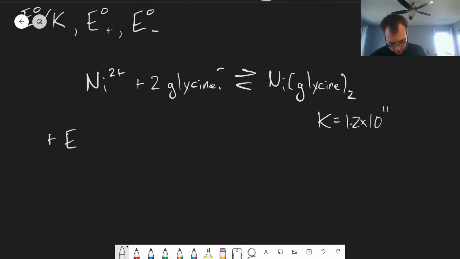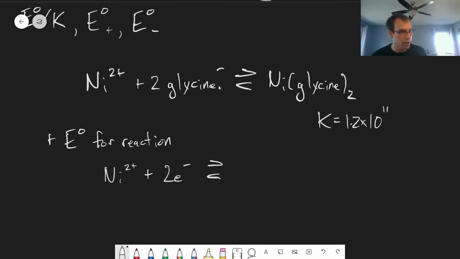And let's say we know E naught for this reaction, and this is one we can just look up: nickel 2 plus 2 electrons to go to nickel solid. And E naught we can look up in our textbook or any table of standard potentials. And so we have 2 pieces of information.